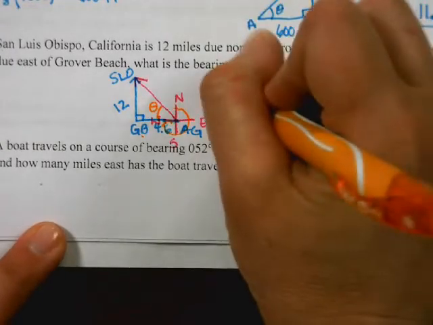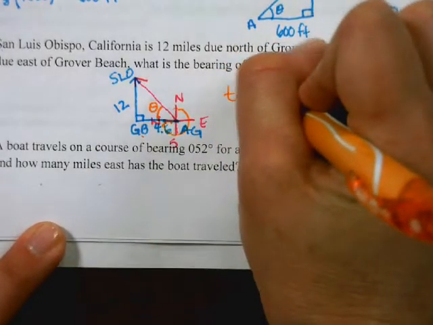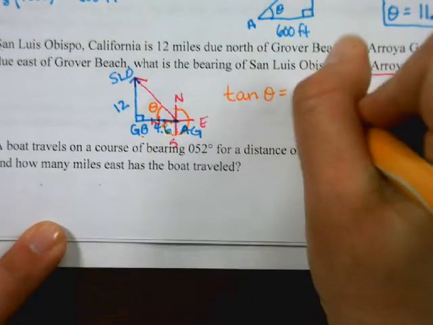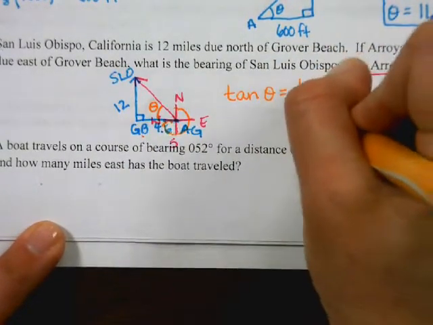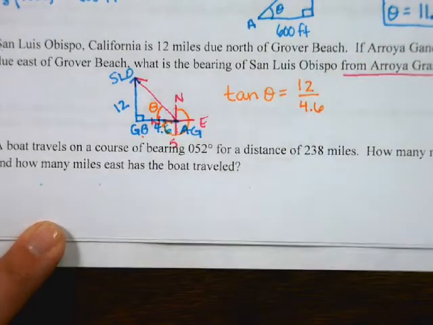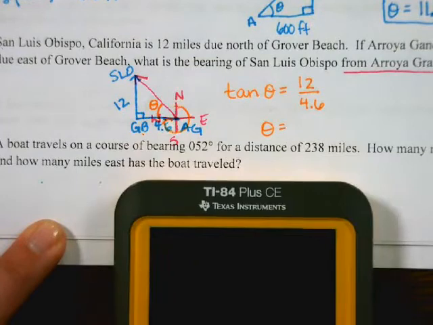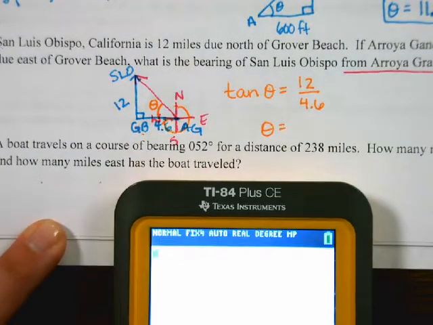Tangent. Perfect. The tangent of theta is equal to opposite over adjacent, 12 over 4.6. Arctangent of 12 divided by 4.6.